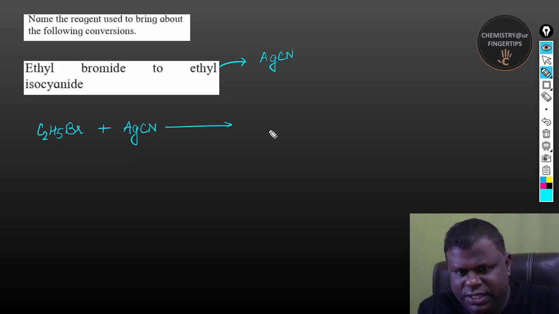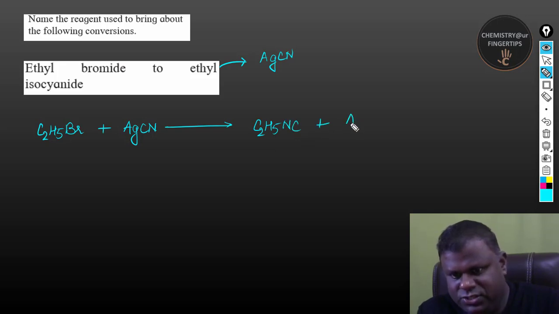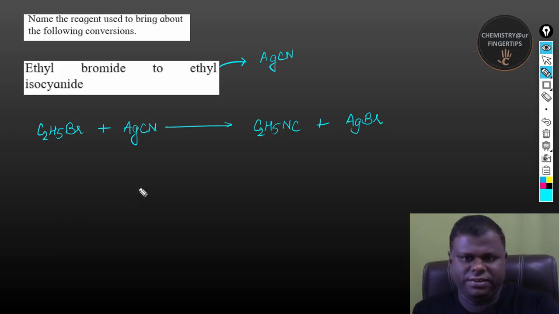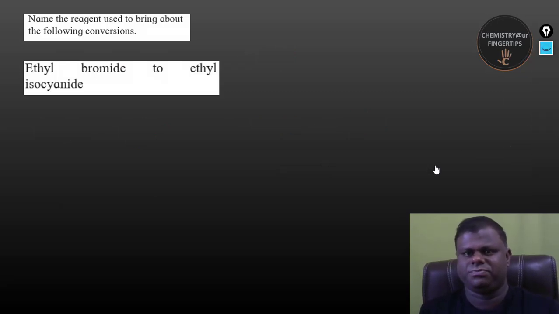In this case, you get C2H5NC, the isocyanide, plus AgBr. If you would have used KCN, then you would have got a cyanide over here. So it's pretty easy, a direct synthesis.